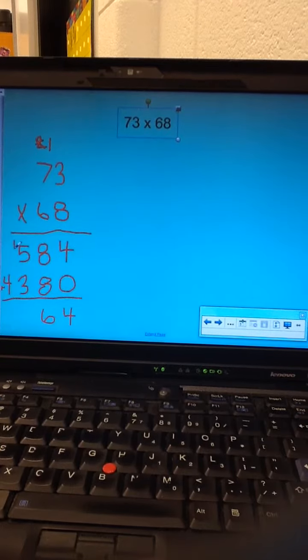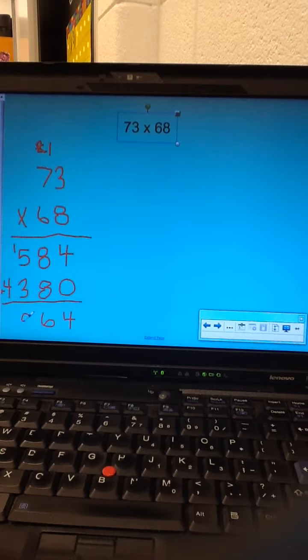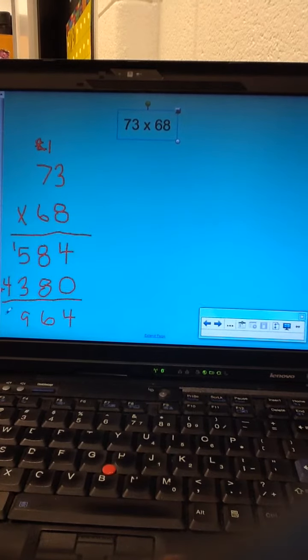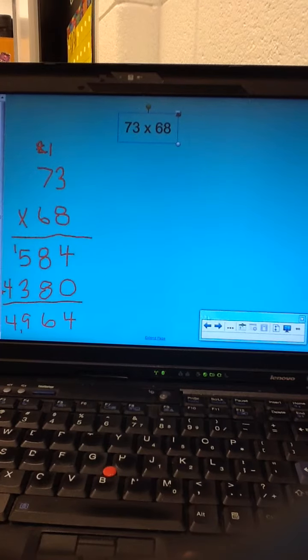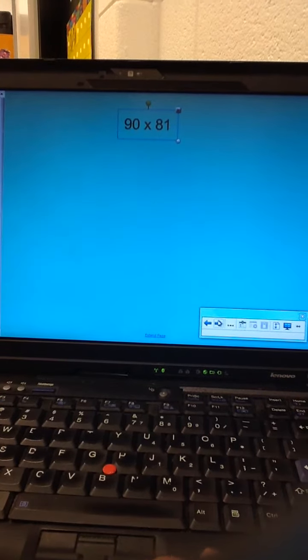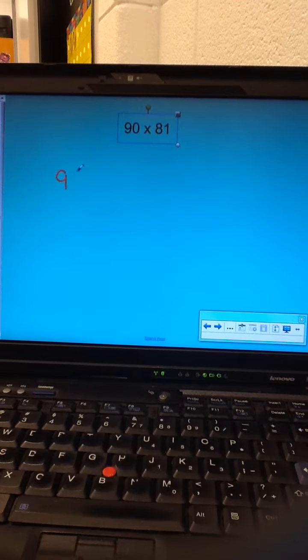Carry your 1. 5 plus 3 is 8, plus 1 is 9. And 4 plus nothing is 4. So your final answer is 4,963.